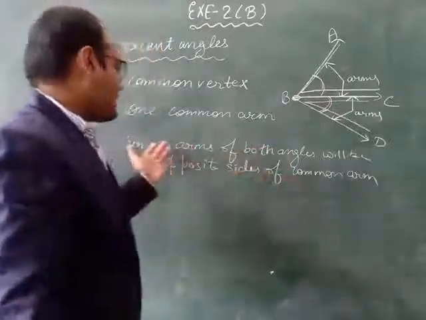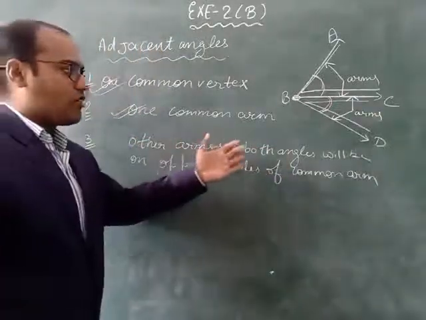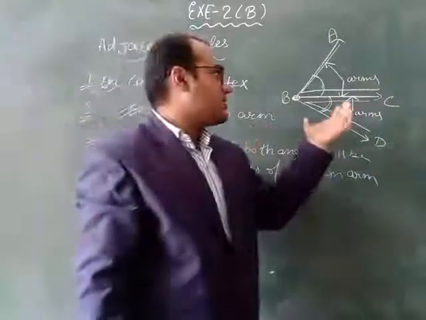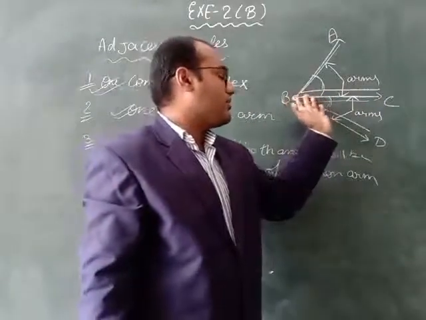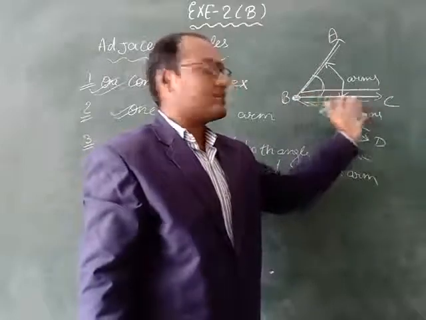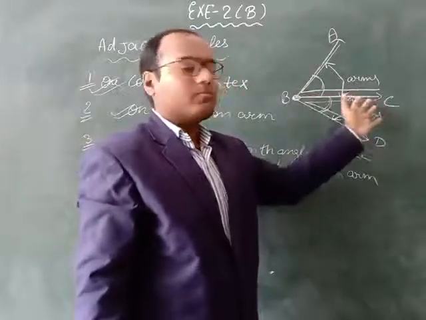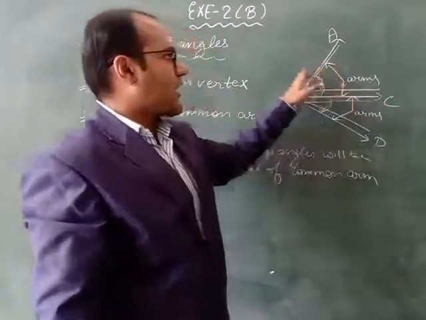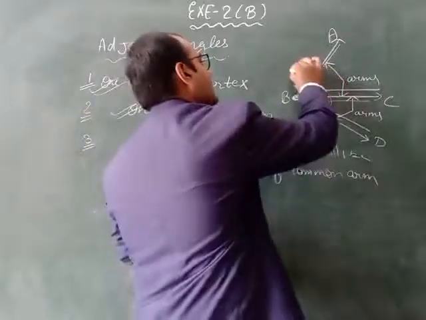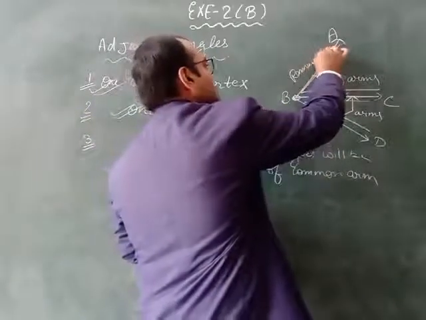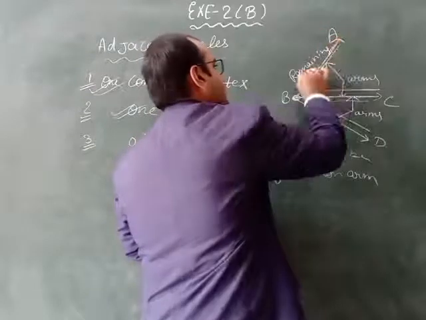And the third point, other arms of both the angles. Other arms means we will not count the common arm now. This is the common arm. Leave this common arm. In the upper angle, this arm is remaining. This is the remaining arm.